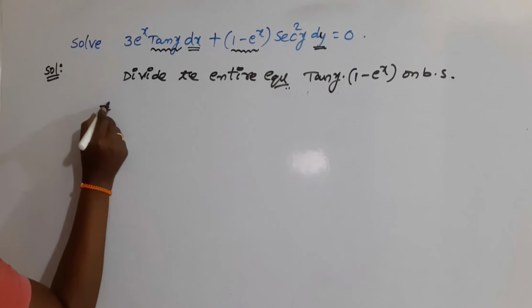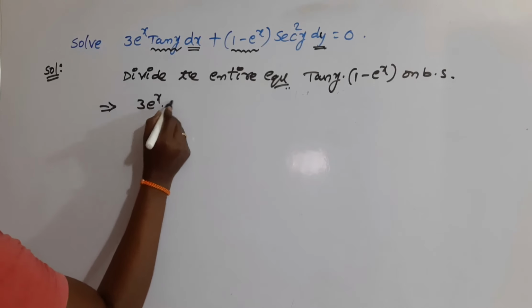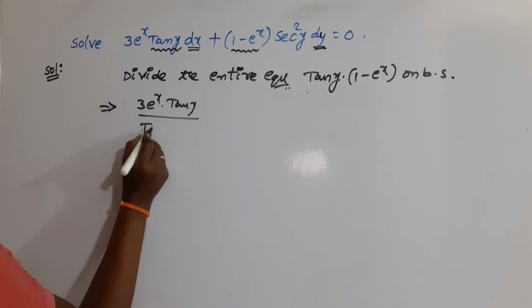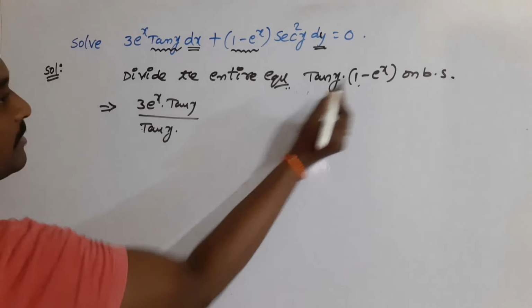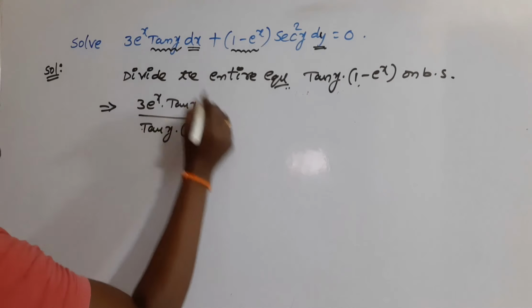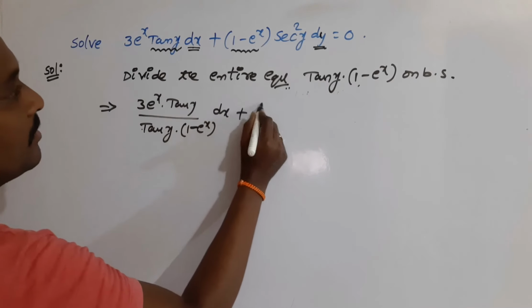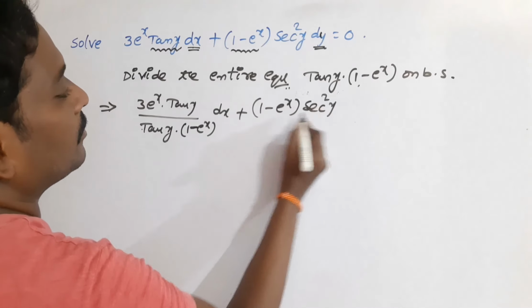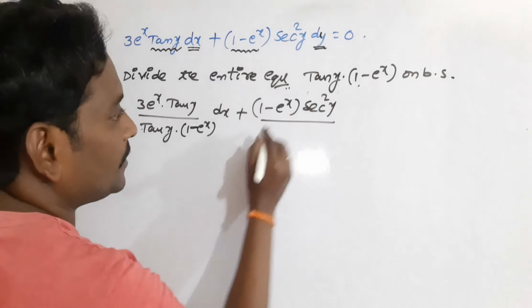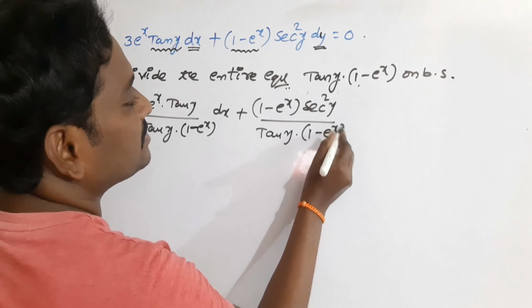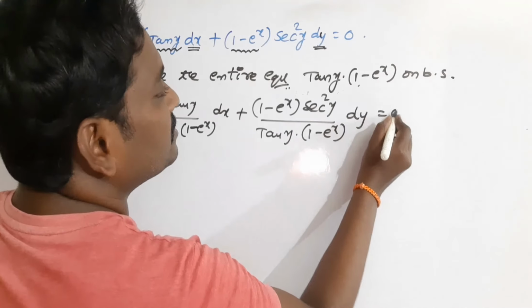So you will get 3 into e power x into tan y by tan y into 1 minus e power x, 1 minus e power x into dx plus 1 minus e power x into secant square y whole by tan y into 1 minus e power x into dy is equal to 0.